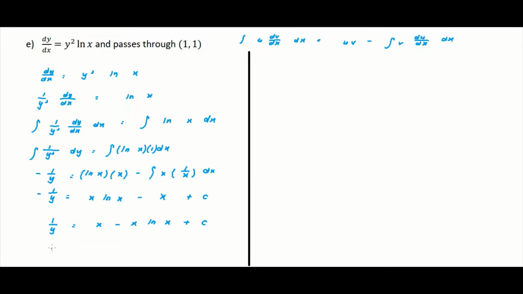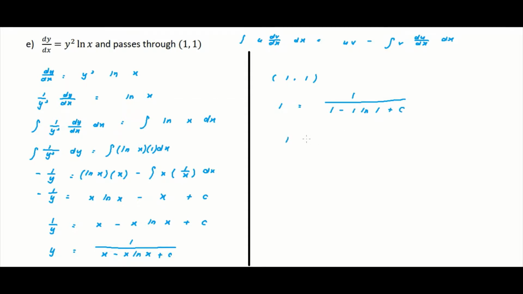Since you have 1 over y, then why not we just change it over as well. So you have y equal to 1 over x minus x ln x plus c. Now we can continue with the substitution, which is 1, 1. So 1 equal to 1 over 1 minus 1 ln 1 plus c.